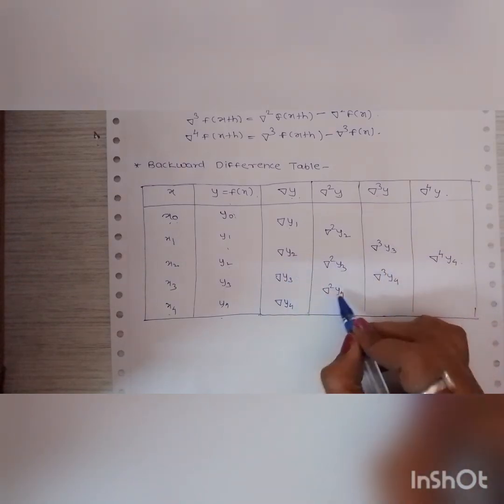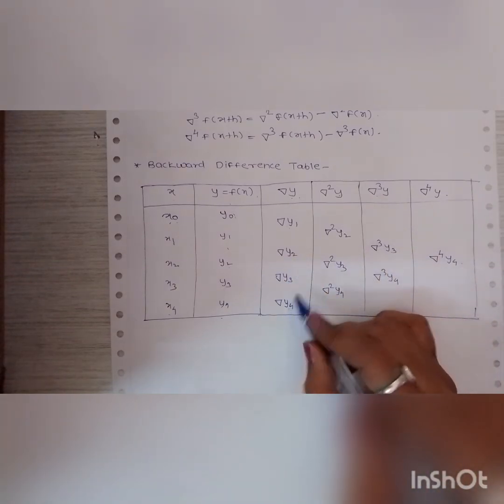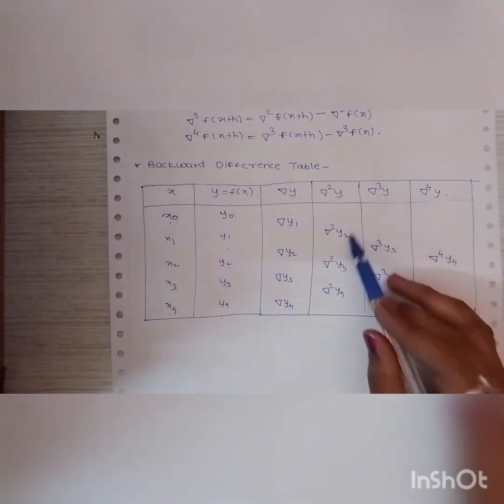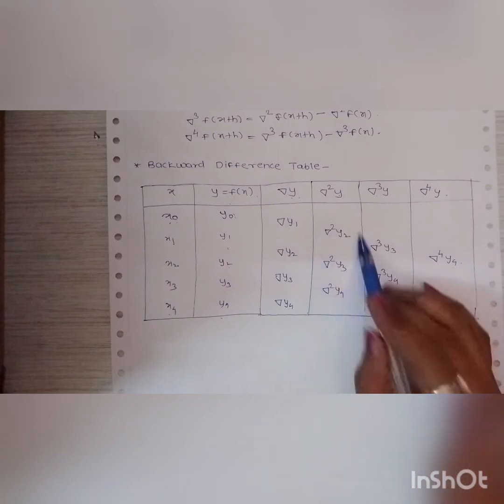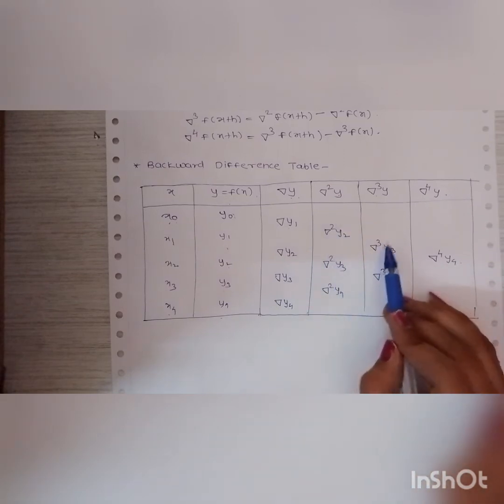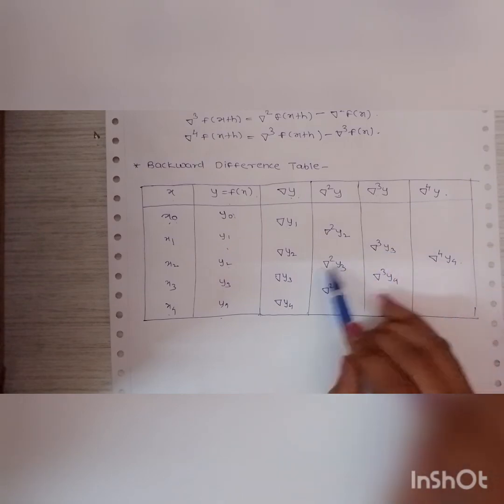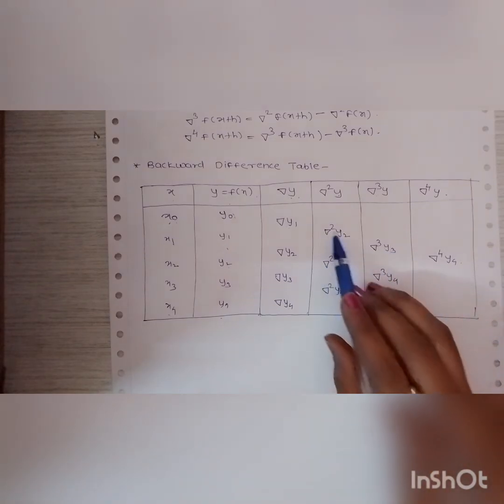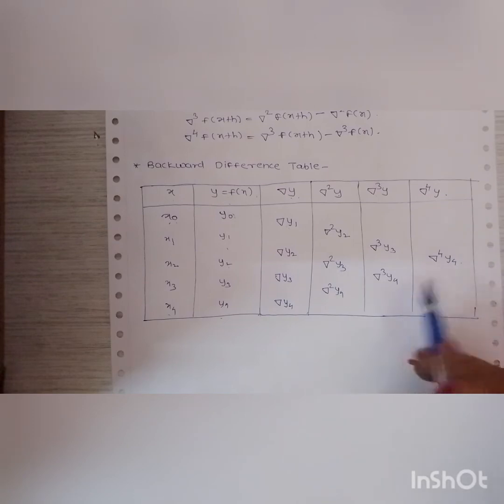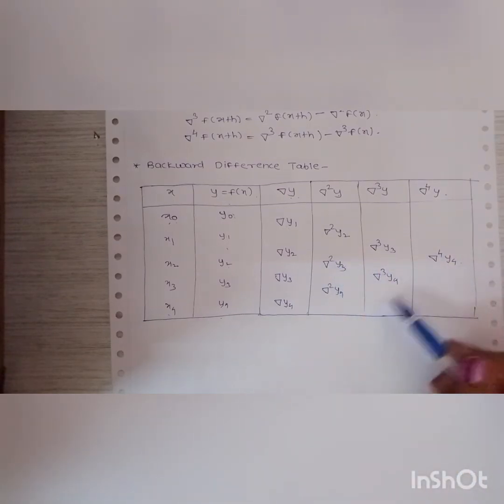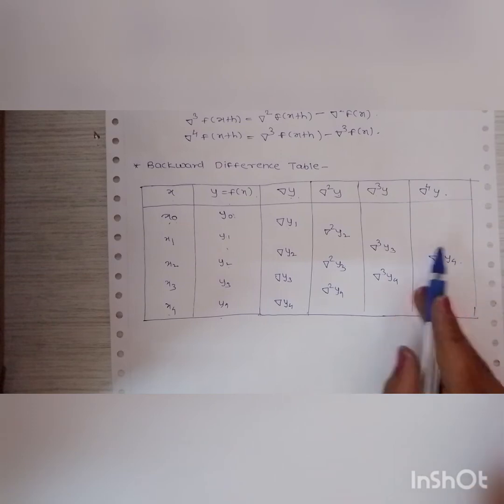Del square y4 is del y4 minus del y3. Similarly, from this column we find the values of del cube y. What is del cube y3? Del cube y3 is del square y3 minus del square y2. Del cube y4 is del square y4 minus del square y3, and del raised to 4 y4 is del cube y4 minus del cube y3.